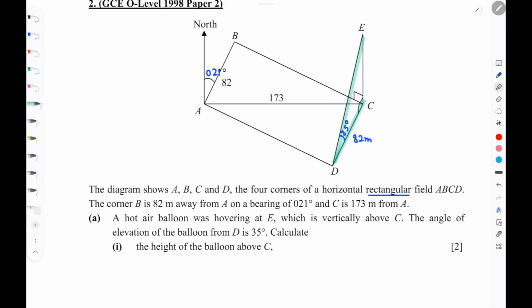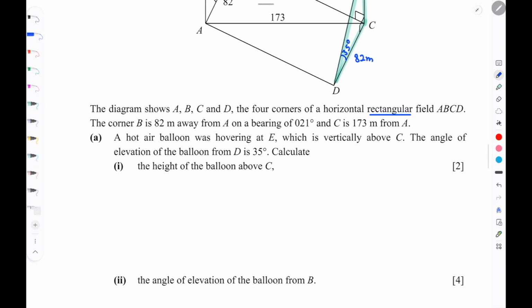I'll use ECD to calculate. Let me draw the triangle. Here I have E, I have C, I have D. This is 82 meters. This is 35 degrees. I want to find what is my height, which is EC.